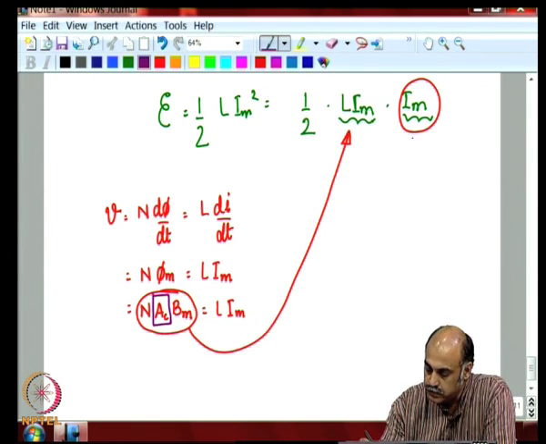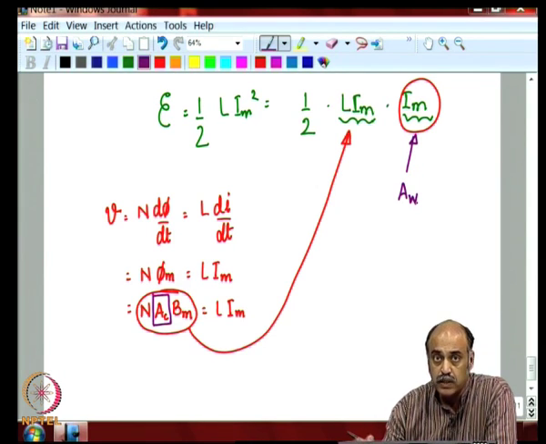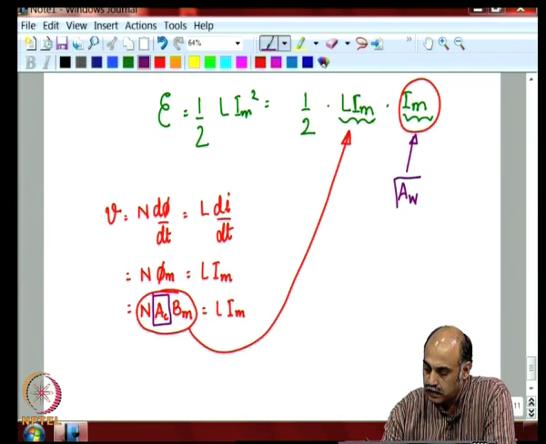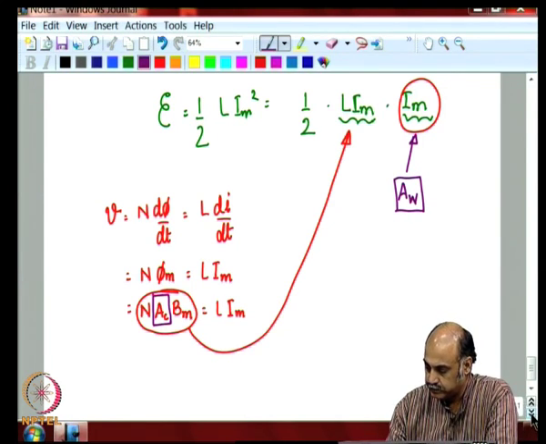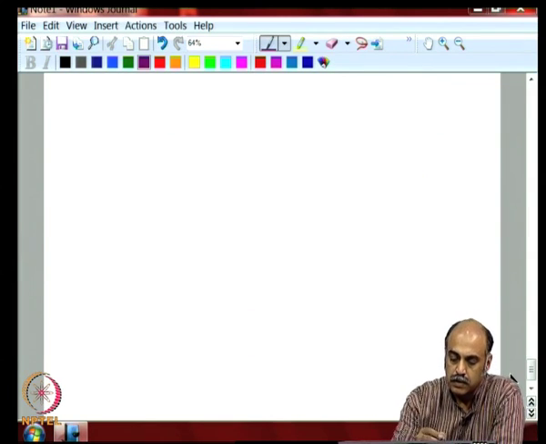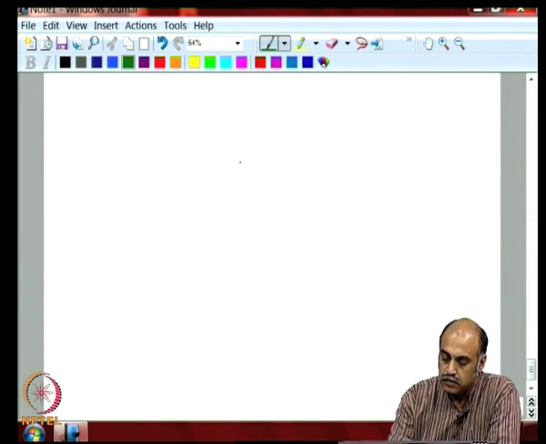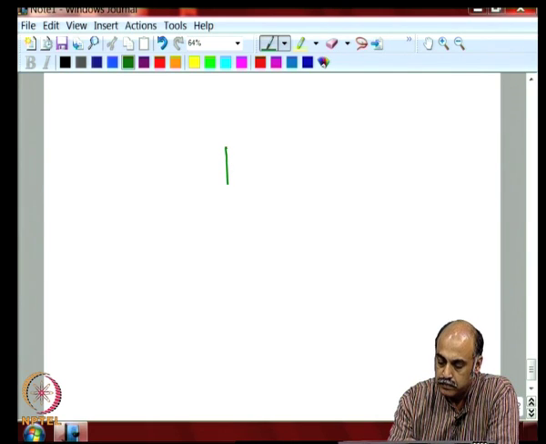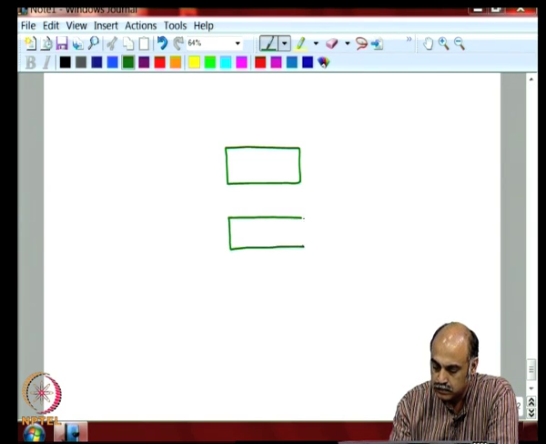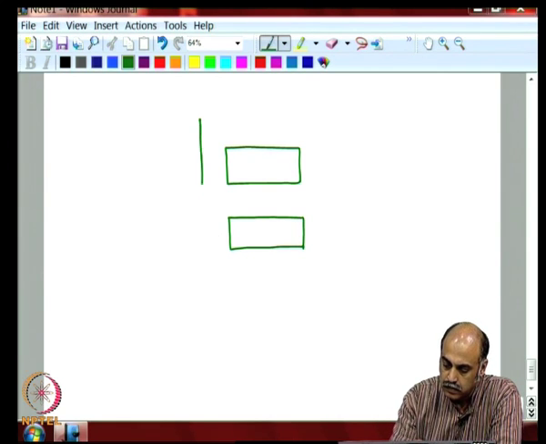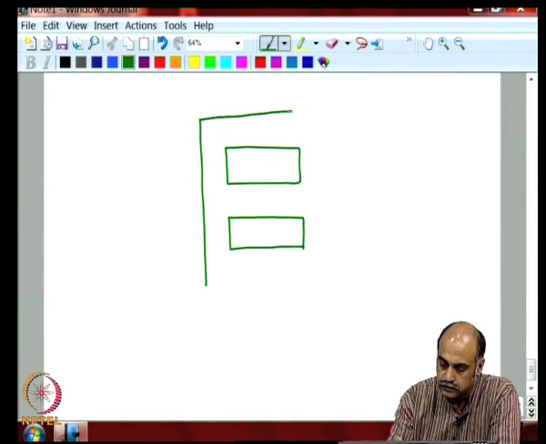Let us try to relate to this the other one, the window area. Now, let us see what the window area is. You see, we have this core. Let me take the simple EE core, which is like this.